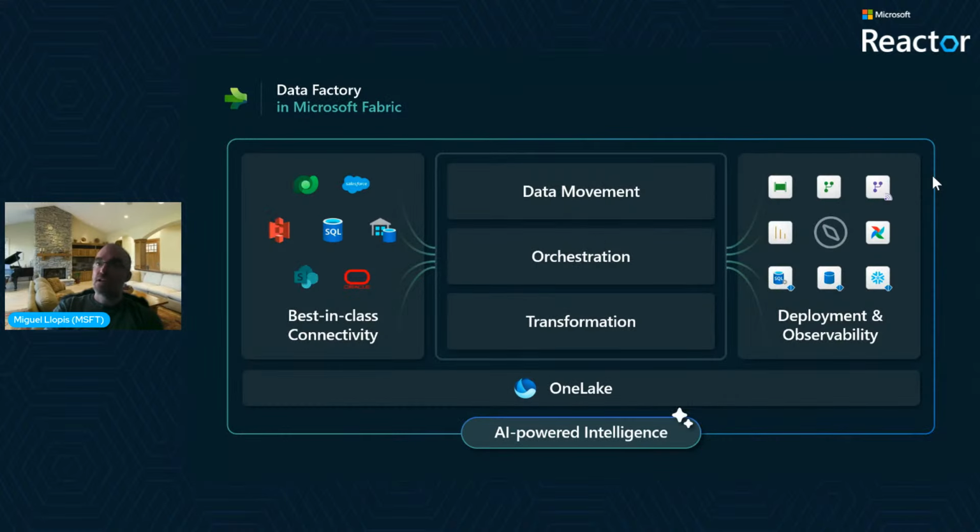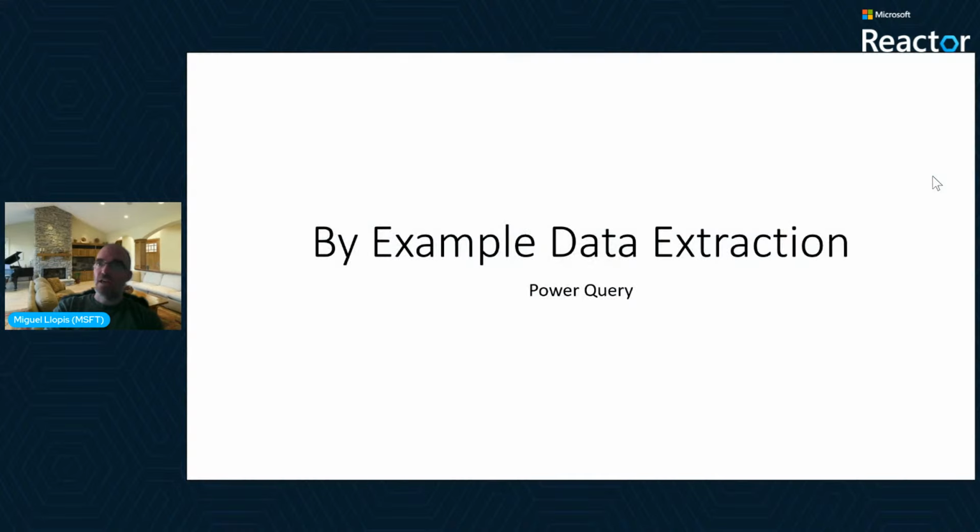So with that, let us actually switch gears and talk about AI capabilities. We're going to start with a demo of capabilities that have actually been around for a few years at this point, by example data. So I wanted to play an end-to-end demo covering those capabilities.